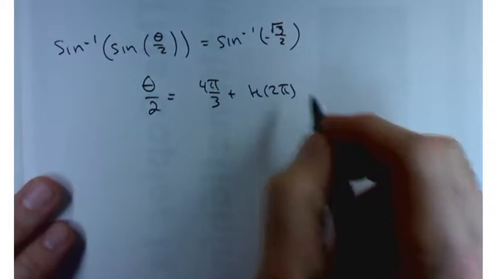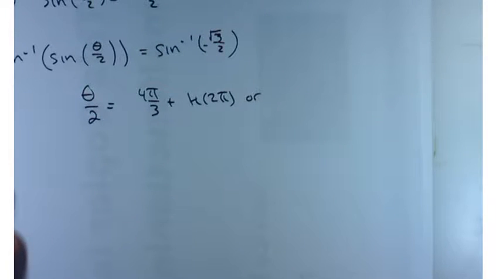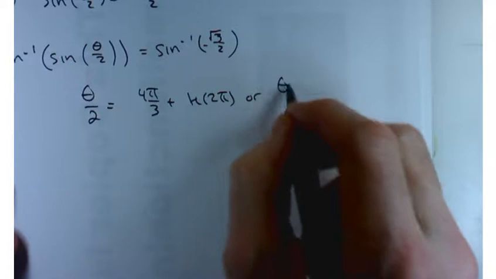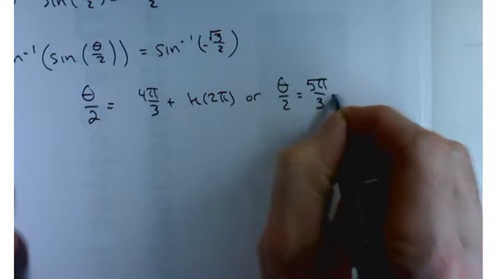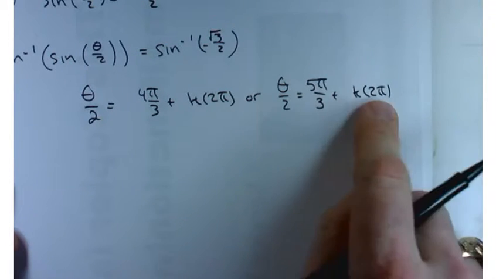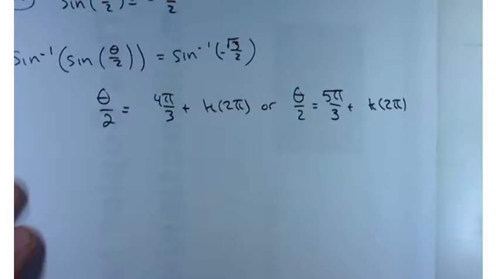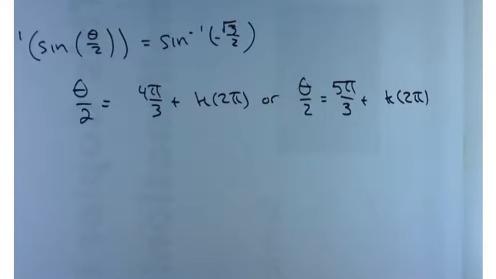So that's one possibility. The other possibility is that theta over 2 could equal 5 pi over 3. Again, with adding in multiples of 2 pi. This gives you the most general solutions that you can get.